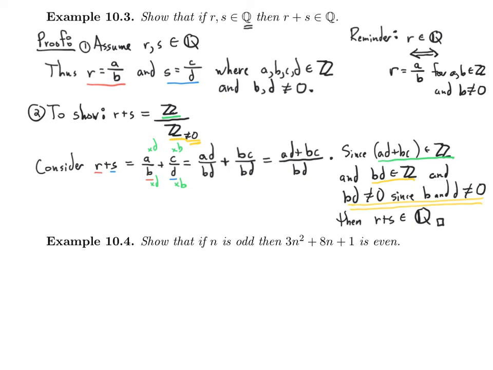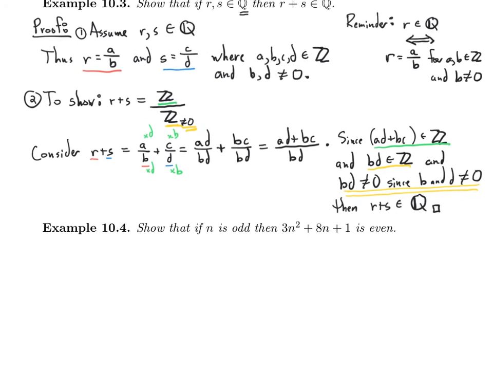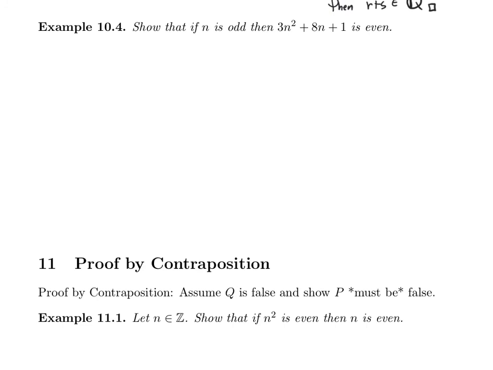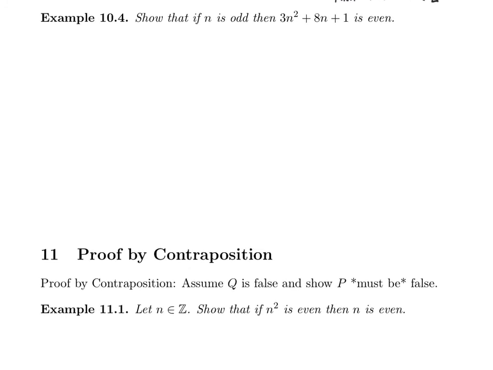Let's do one final example here. So here we want to show that if n is odd, then 3n squared plus 8n plus 1 is even. Okay, let's do the same thing we did in the last one.